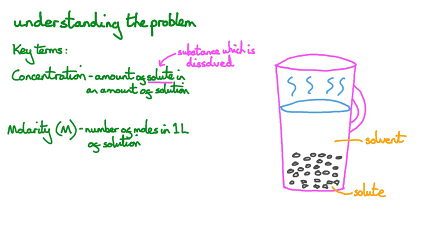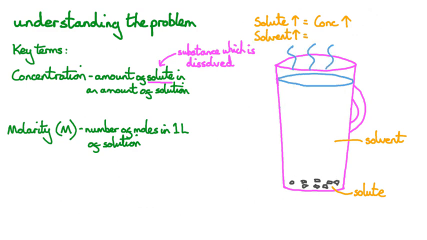Of course, it gets stronger, which in chemistry terms means it becomes more concentrated. But what happens if we increase the amount of solvent instead? If we add more hot water to the same amount of coffee granules, then of course our cup of coffee is going to be weaker, as in a lower concentration.